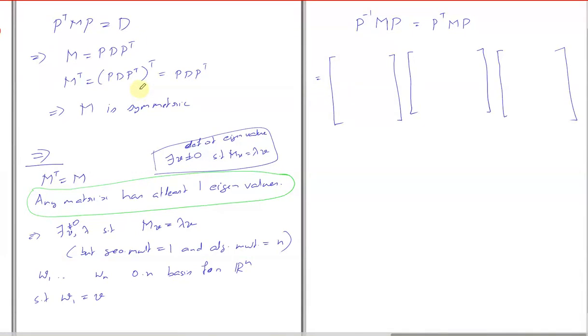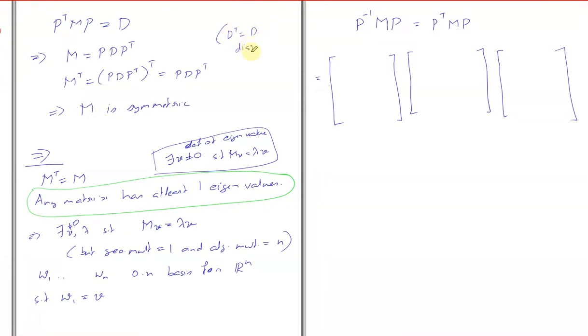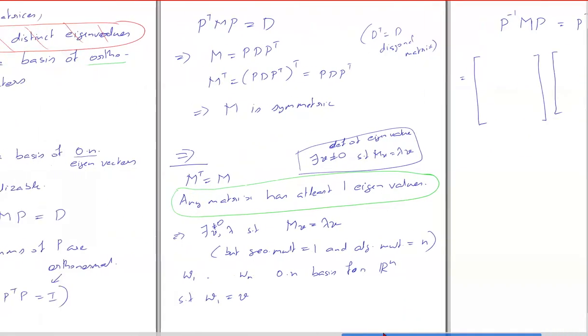What is the transpose of a diagonal matrix? Same. Yes. The other direction, which is the hard part, we will show in the next lecture.